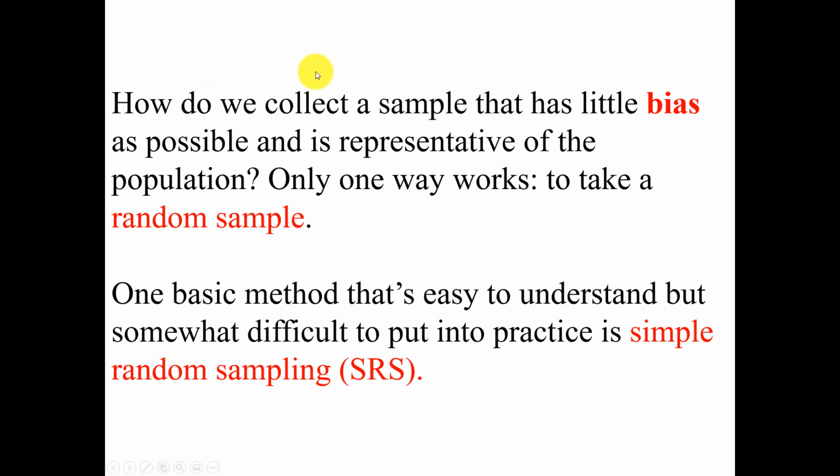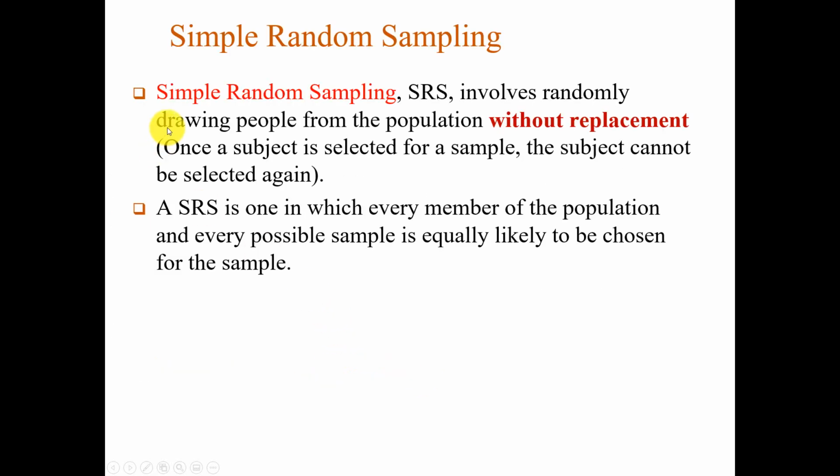And how do we collect a sample that has as little bias as possible and is representative of the population? Only one way works, which is to take a random sample. The most basic method, easy to understand but somewhat difficult to carry out, is a simple random sample, or SRS. Simple random sampling involves randomly drawing people from the population without replacement.